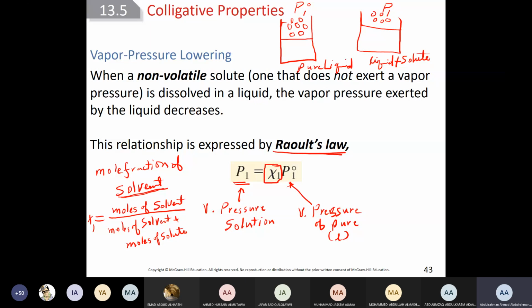All right, I hope you know this. So this is for solvent, and that's why 1, 1, 1 for the same thing, which is for the solvent, not for the solute.